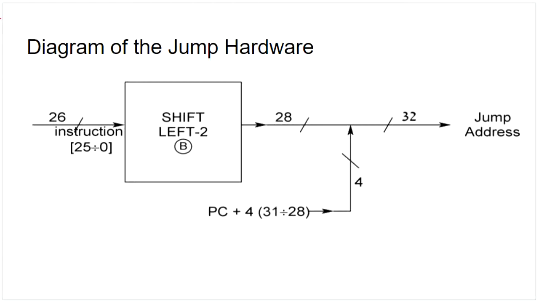Why are we doing that? Because that's exactly where the address in the jump is stored. And out is going to come 28 bits, which is that same 26 bits with 2 zeros. But that's not a full-size address. We need a 32-bit address.